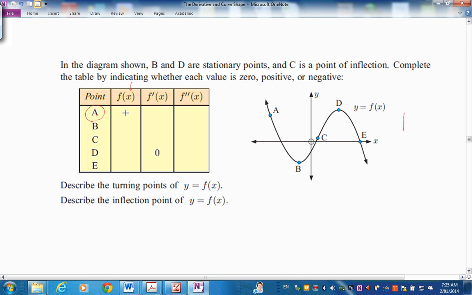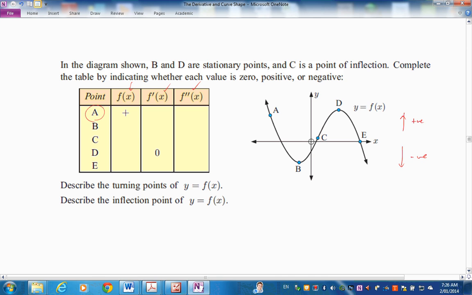Remember, function is positive above the axis, negative below. And then the derivative, which is slope of the tangent, is it positive or negative at that point? And what's the second derivative? Is it positive or negative at that point? Okay, so I want you to pause the presentation now and try to fill this table in, and then we will go through it.